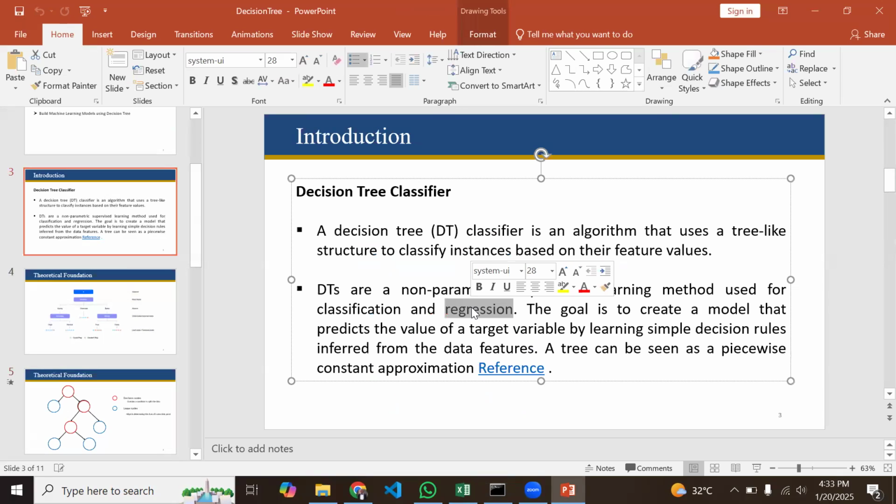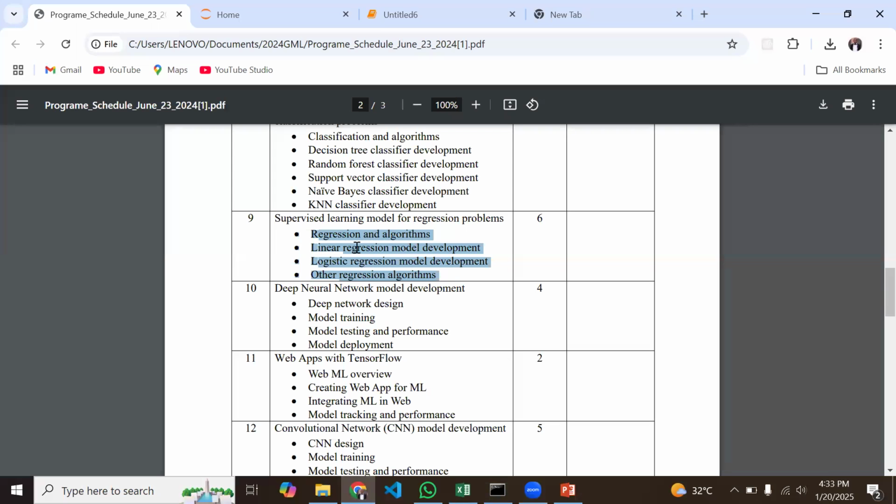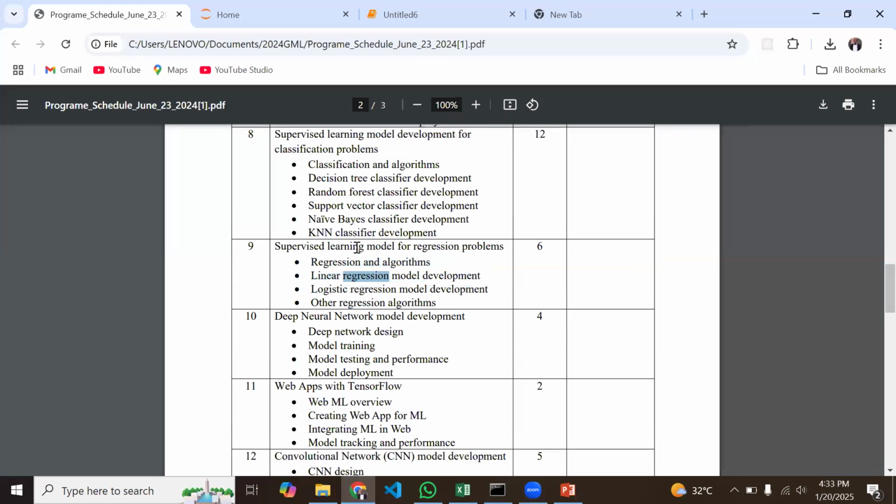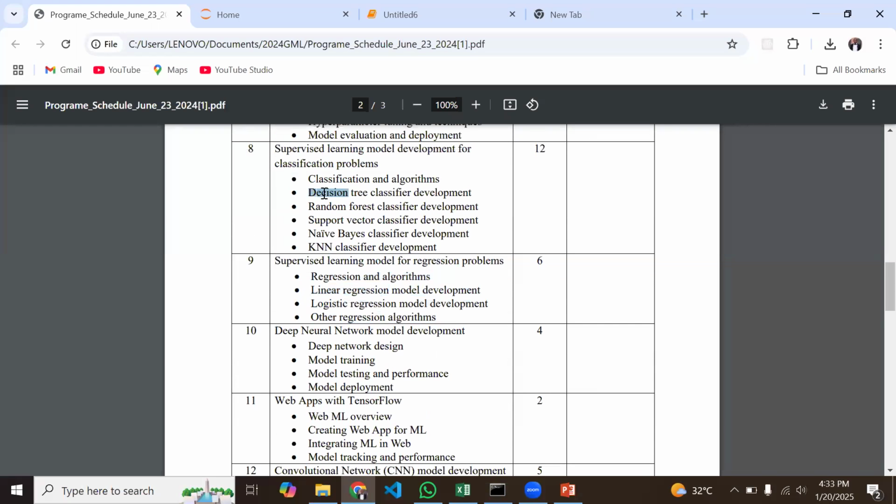We can also use the support vector machine we saw earlier for regression as well. So in this lecture, we are going to see how we use these three in particular, the decision tree, the random forest, and the support vector machines, for regression models.